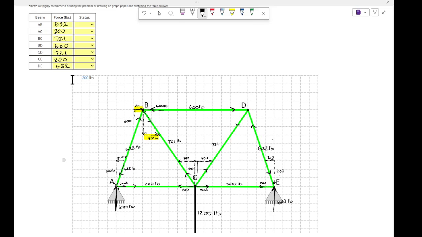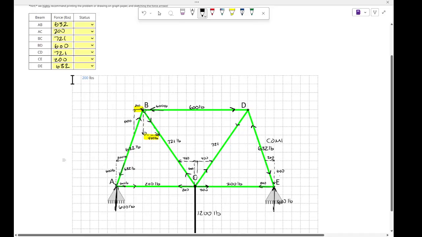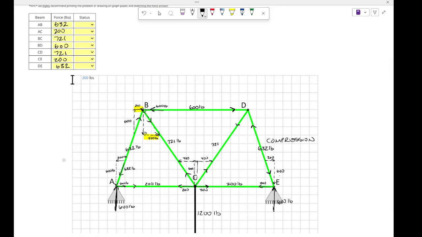And so we would say that this is in compression when the arrows point out. And any arrows that point in would be pulling in on the members as if they're getting pulled away by that. And so we would get tension for a member like CD that has arrows pointing in.